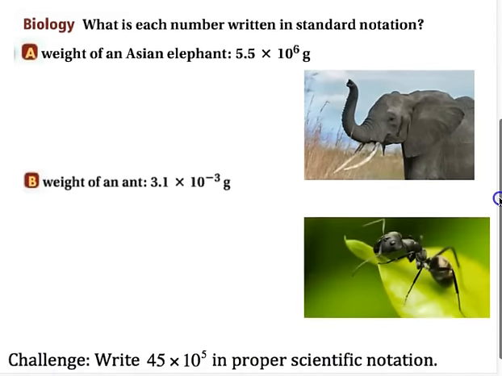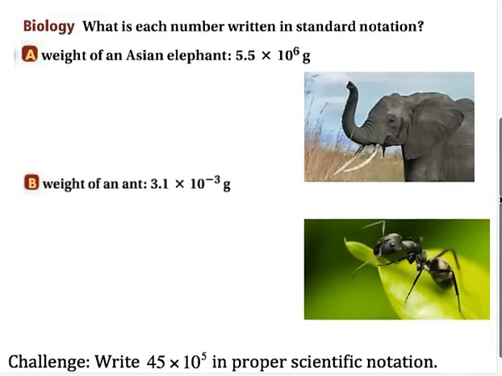What about the other direction? Okay? So what about this? What if I give you scientific notation and I want you to write it in standard notation? All right, well, let's think about this. So here, I'm starting with that 5, and I have my decimal right there. And I need to move that decimal 6 places, okay?